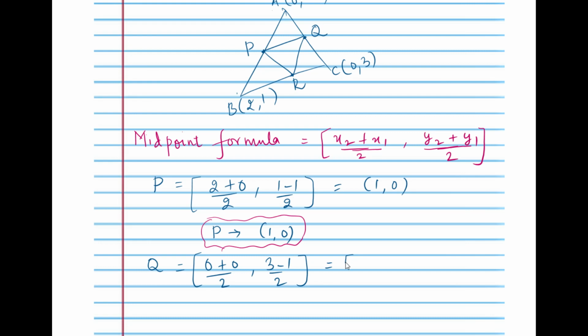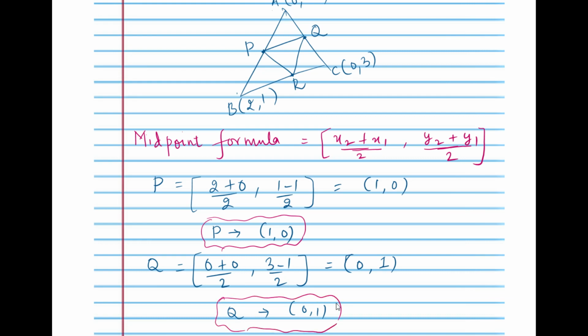Therefore 0 plus 0 is 0, 0 divided by 2 is 0. 3 minus 1 is 2, 2 divided by 2 is 1. Therefore the point Q is (0, 1). The point Q is (0, 1).